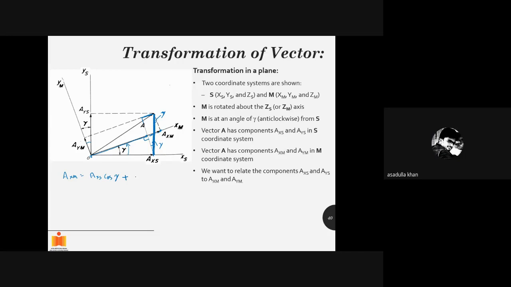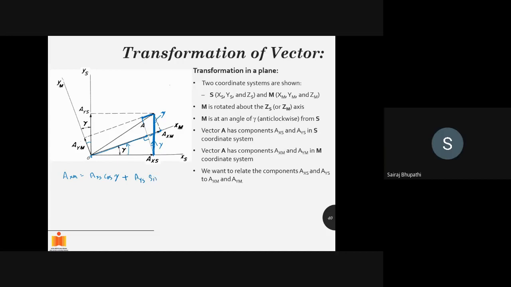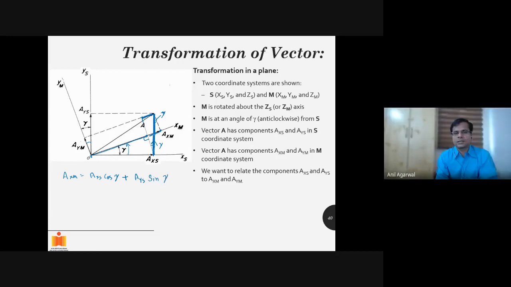AYS. And this length will be how much? Will it be related to AYS? This angle is gamma. AYS sin gamma. And then this length is the same as this length. So I got the total length of AXM. That is AXS cos gamma plus AYS sin gamma. Agreed?